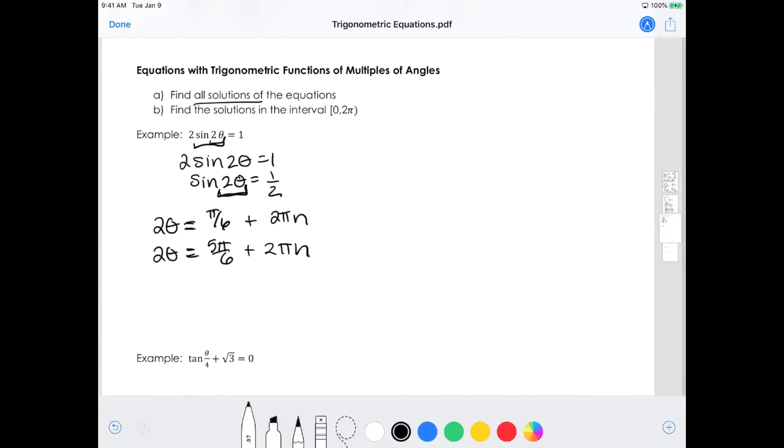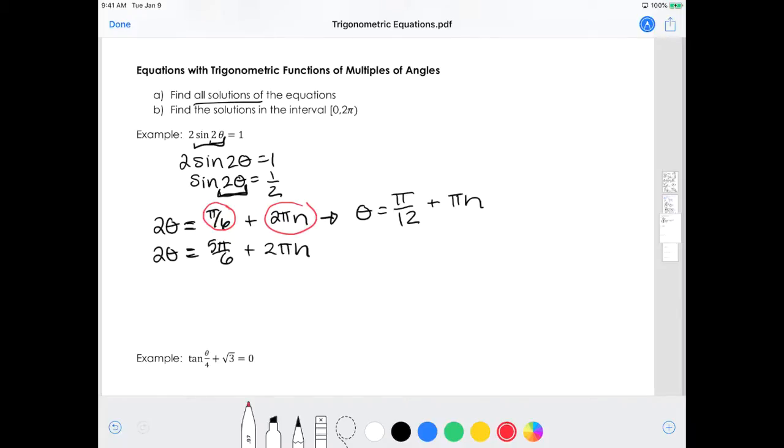But because this is double an angle, we want to find the angle now by dividing both sides by 2. So if I divide both sides of the equation by 2, that's going to give me that theta is equal to pi over 12 plus pi n. Because I divide pi over 6 by 2, and I get pi over 12.